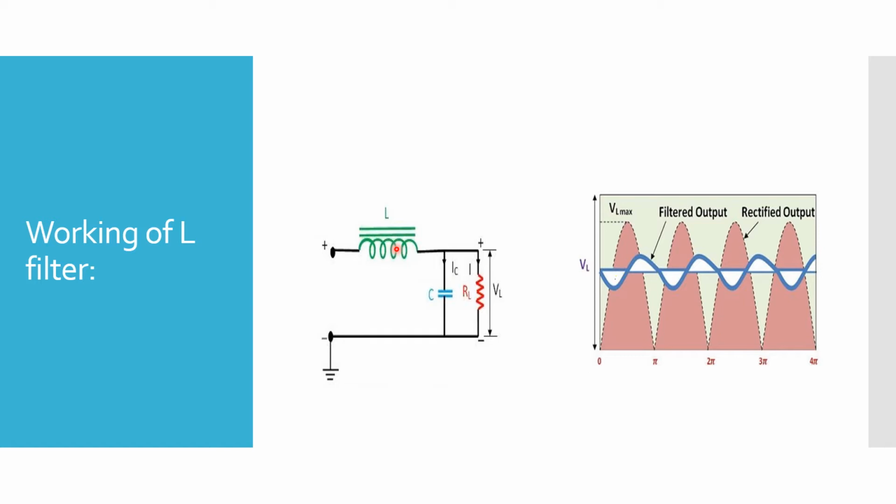Although the inductor efficiently removes AC ripples, a small percentage of AC ripples is still present in this circuit. These ripples are then removed by this capacitor connected in parallel with the load resistance here.